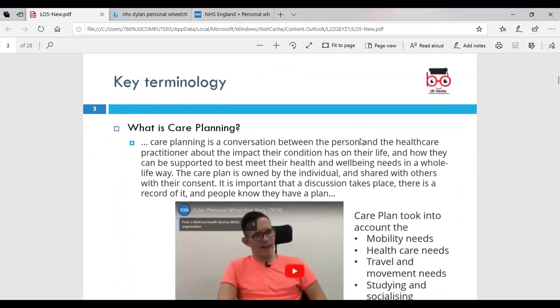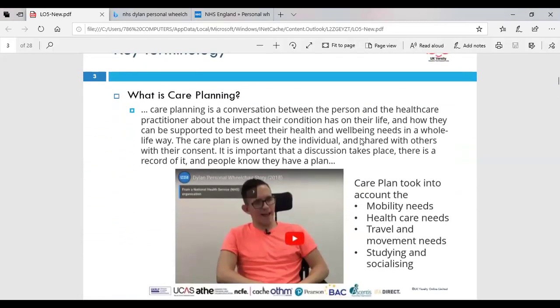So what's care planning? It's the conversation between the person and the healthcare practitioner about the impact their condition has had on their own life. Obviously in planning, you're including those people who are part of the plan, your patients, and how they can be supported to best meet their health and well-being needs in a whole-life way.